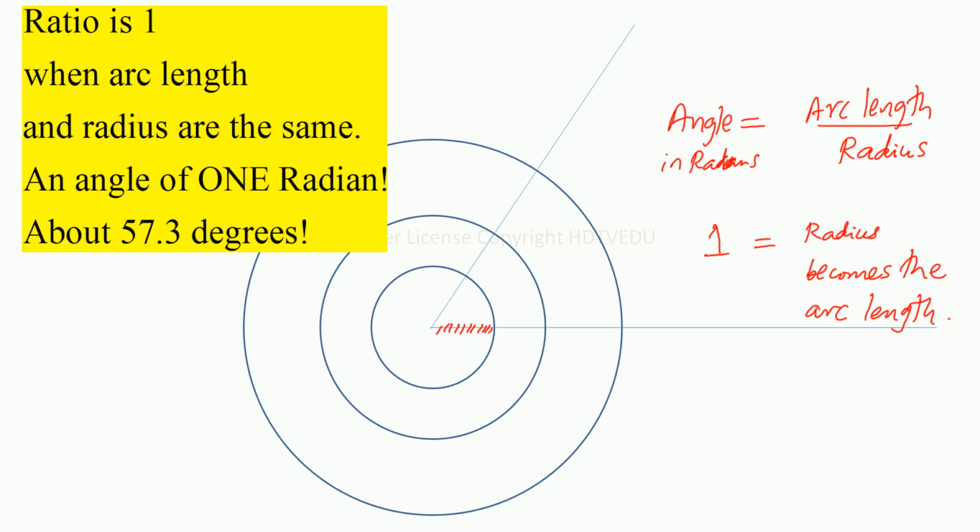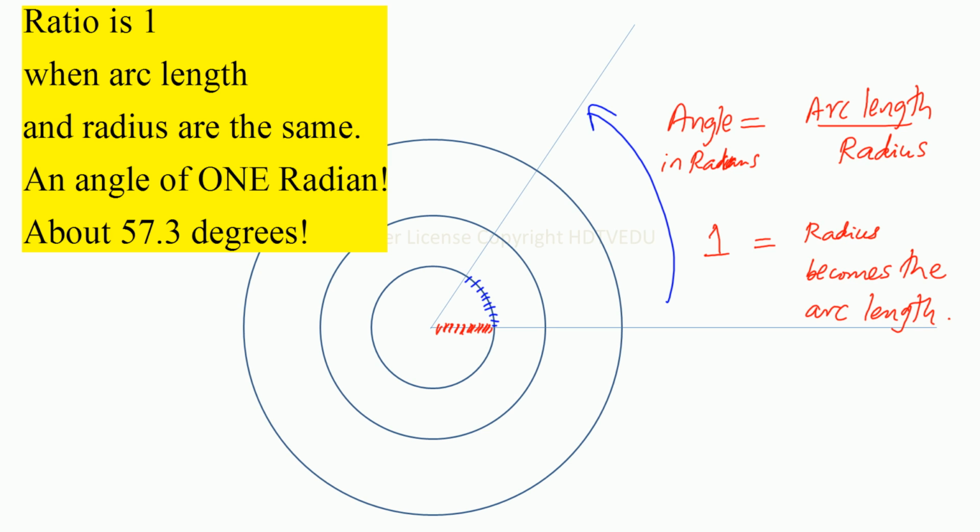So if we can measure this radius and put it on the arc, and if those two are the same, we have 1 radian angle. 1 radian angle. And again, +1. All right, +1 because we are going counterclockwise.